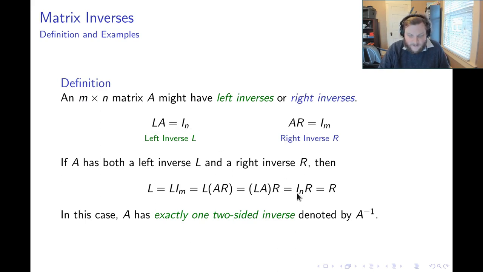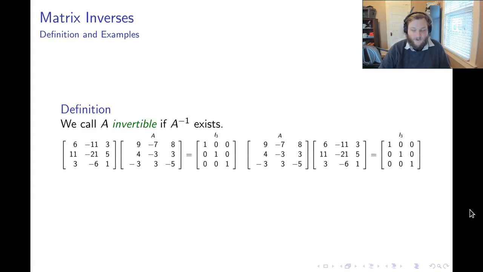And the n by n identity matrix multiplied by R is equal to R. So this chain of equalities tells you that if you have a left inverse and a right inverse, those two things have to be equal to one another. So if that's the case, then A has exactly one two-sided inverse, and we use the notation A to the negative 1.